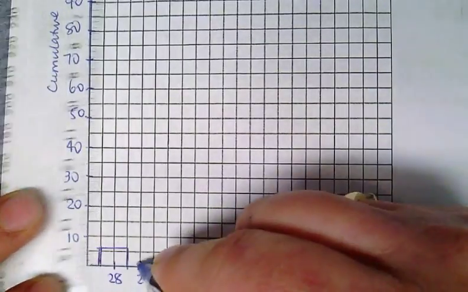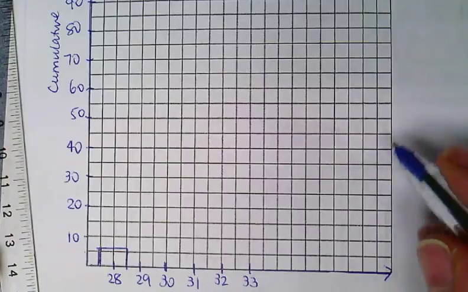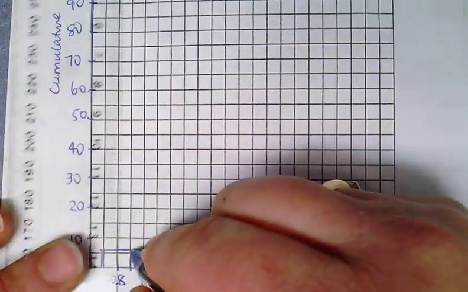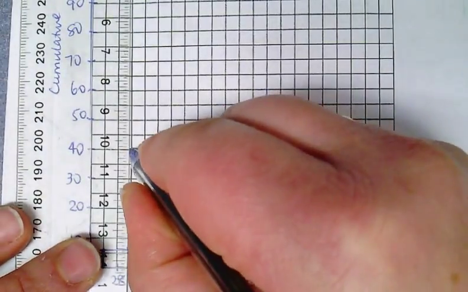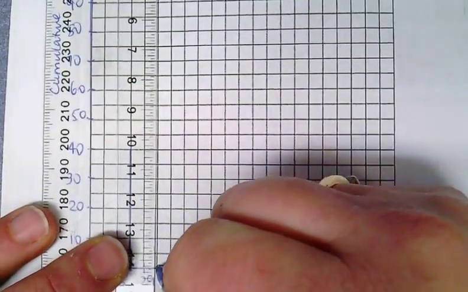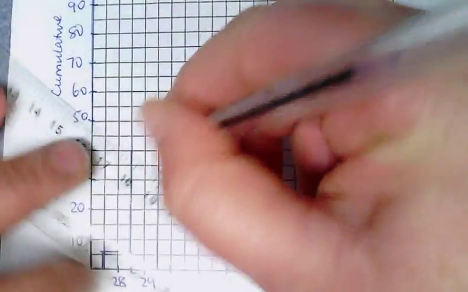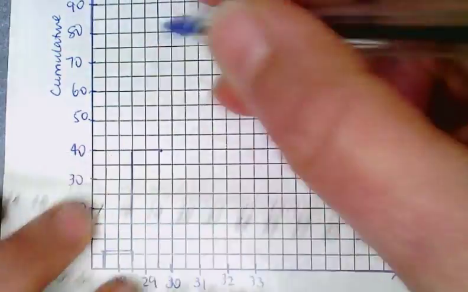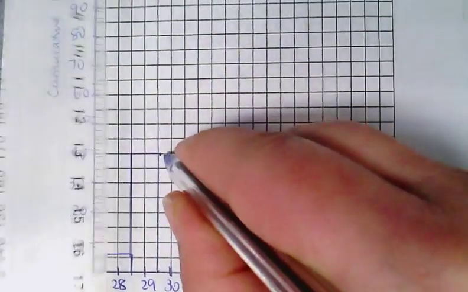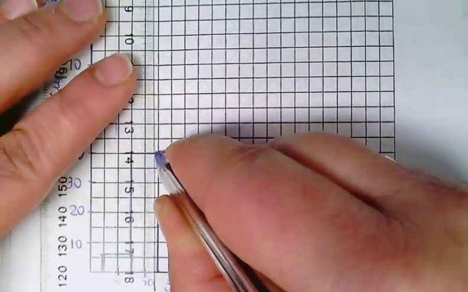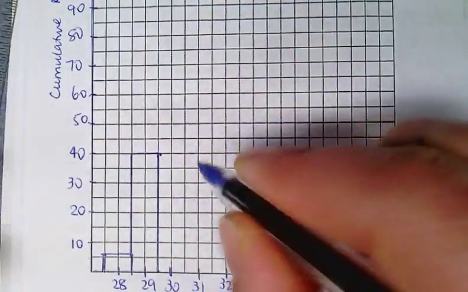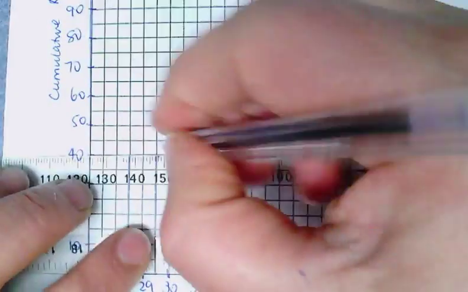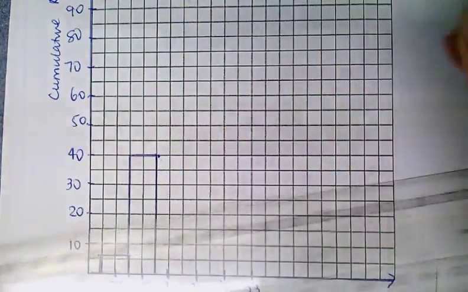And then for 29 jelly beans, notice the 29 has to be in the center of the column. The cumulative frequency is 40, which is up here. Even though the number is in the center of the column, when I join the tops of the columns with my line graph, my polygon or my ogive, I join the top corners.